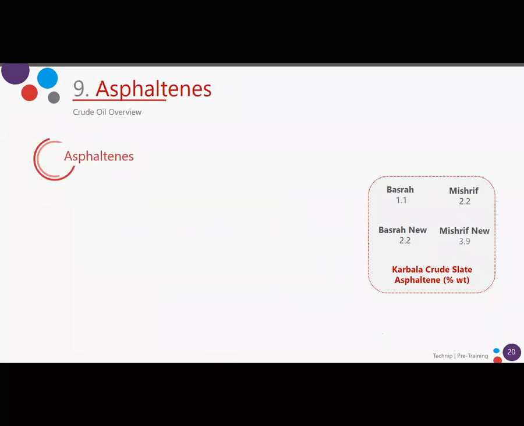Now we will talk about the asphaltenes. The asphaltenes are molecular substances that are found in the crude oil along with resins, aromatic hydrocarbons, and saturates.